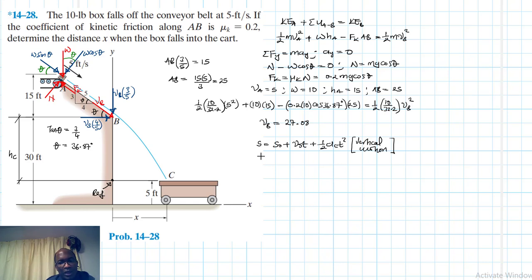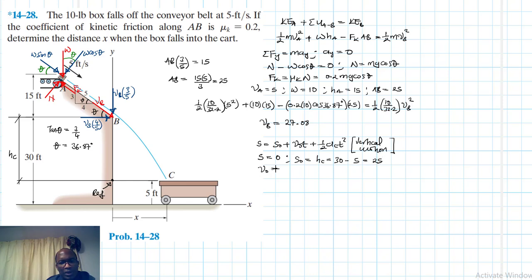So if that is the case, then S becomes equal to 0. Okay, and then S naught is going to be equal to HC, and HC is just equal to 30 minus 5, and this is equal to 25.